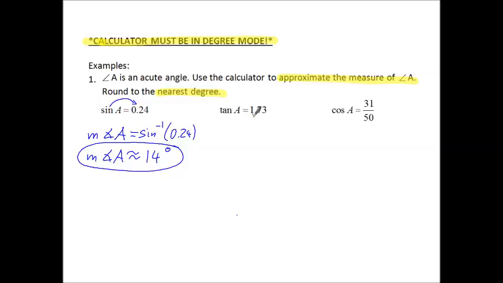The tangent of A is 1.73. So the tangent has to be moved to the other side. For us to find the measurement of angle A, we have to calculate the inverse tangent of 1.73.